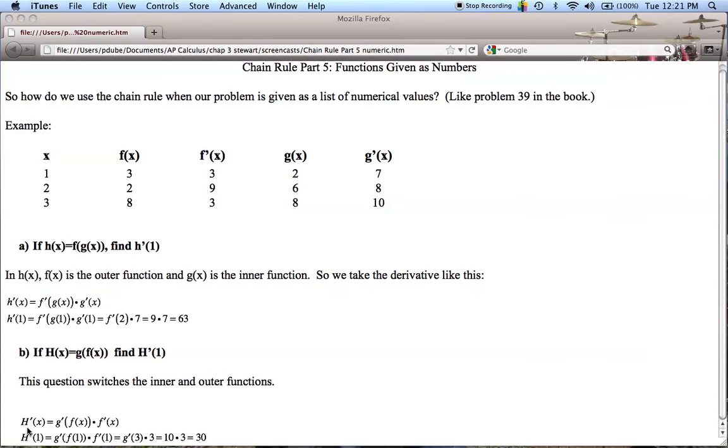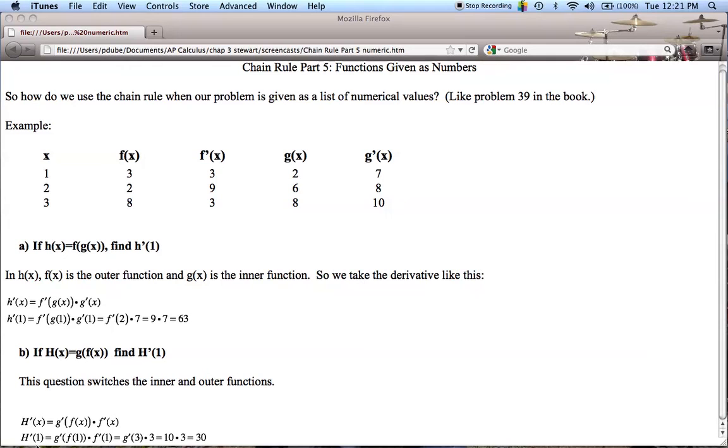And as you look down the screen here, I apologize for being so far down, that means g prime is the first thing you do and you leave the f of x alone. That was the original inner function. You have the outer function's derivative evaluated at the original inner function times the derivative of the inner function, which is now f. So you get g prime of f of x times f prime of x.